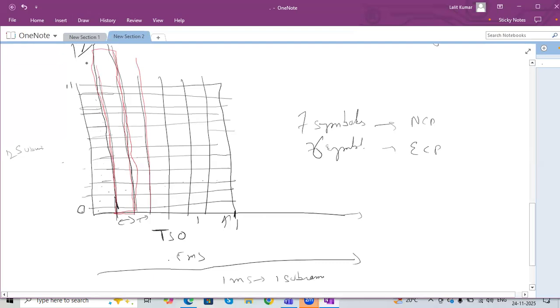It's simply a pillar. This is one symbol, one symbol, one symbol. How many subcarriers are there? No need to talk about that. No need to calculate that. So 1, 2, 3, 4, 5, 6, 7 symbols and 12 subcarriers. This comes in one resource block.